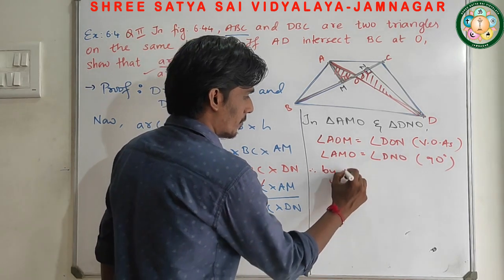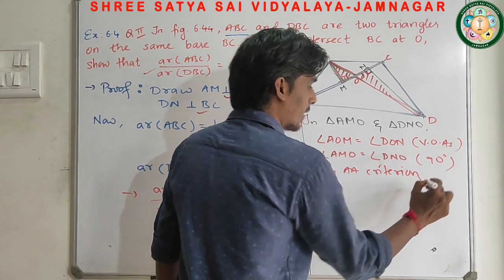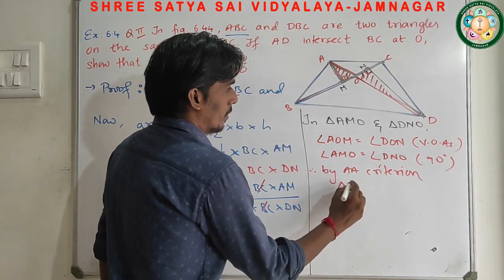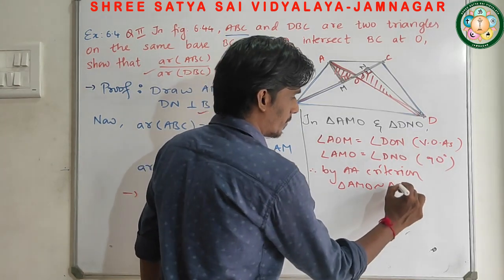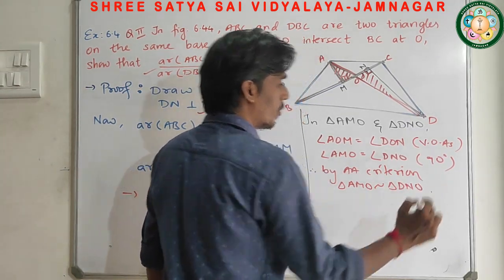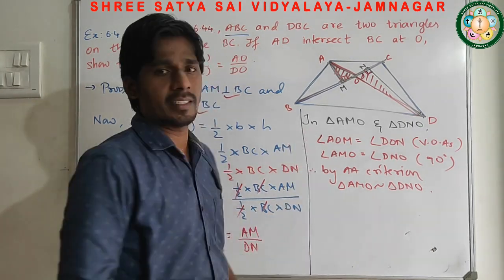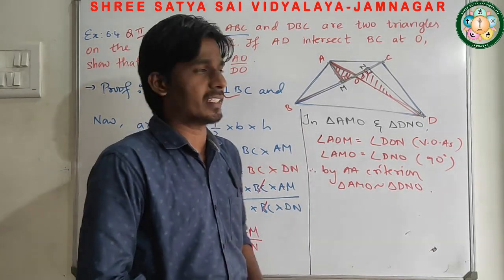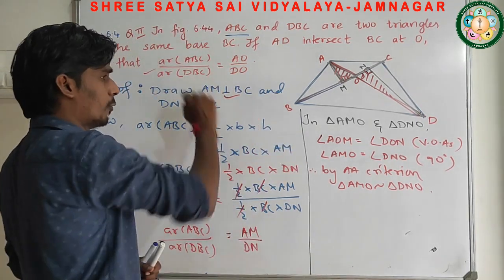So I can see that by angle criteria, triangle AMO is similar to triangle DNO. If two triangles are similar, then the ratio of the corresponding sides are equal. So now which ratio do I have to take? Which is useful here?